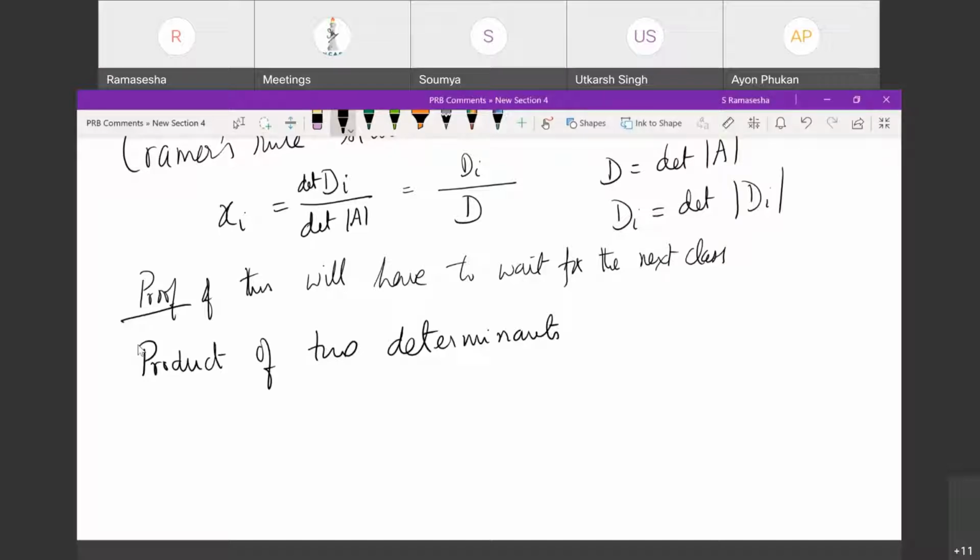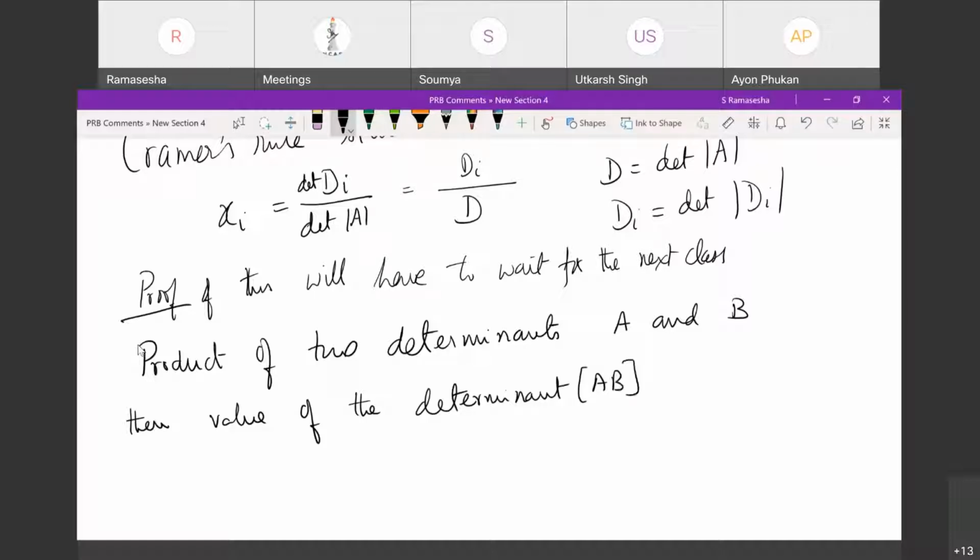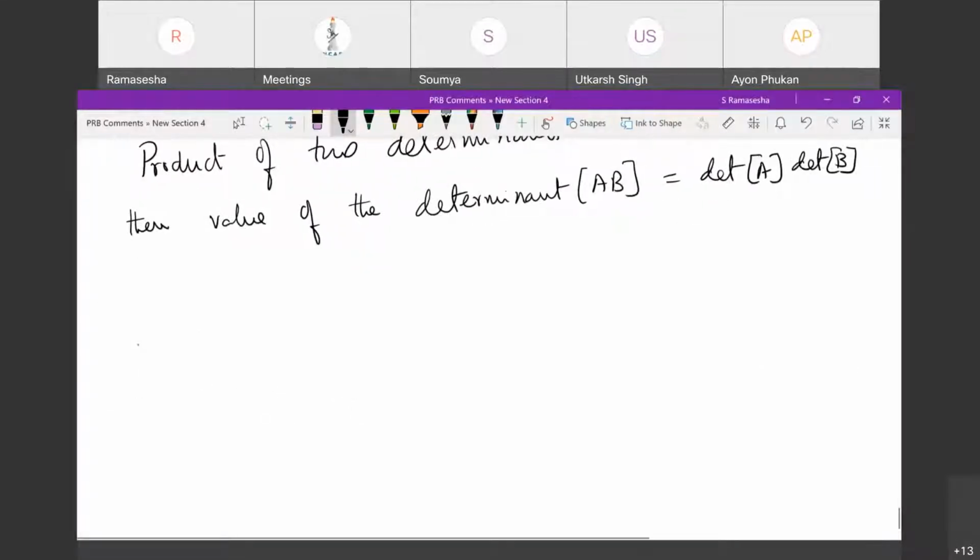If you take, say, A and B, then the value of the determinant of the product is equal to determinant A times determinant B. This is something that I brushed aside, but it can be shown. I thought I'll just sketch the proof for you.